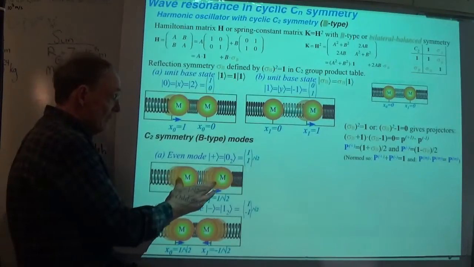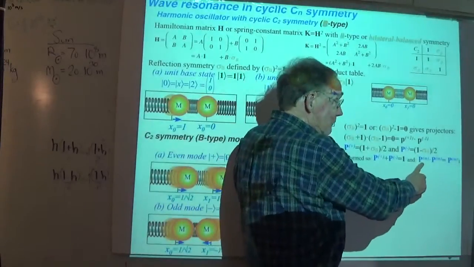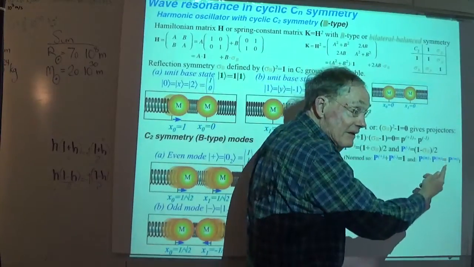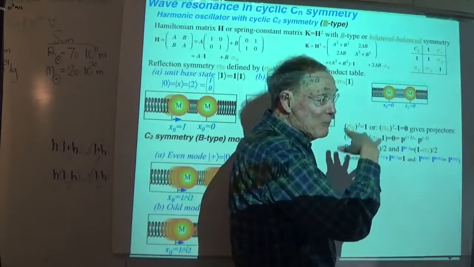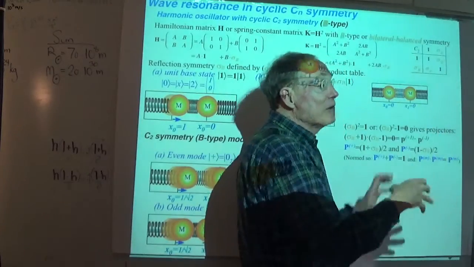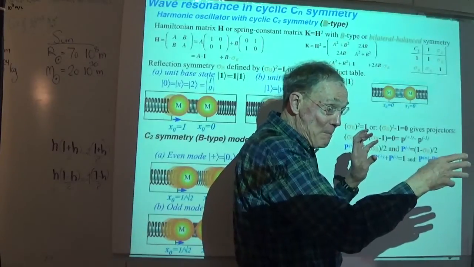But that is an interesting thing, because this equation right here for an idempotent operator, P squared equals P, is also P squared minus P equals 0. And that factors into P minus 1 times P, right?